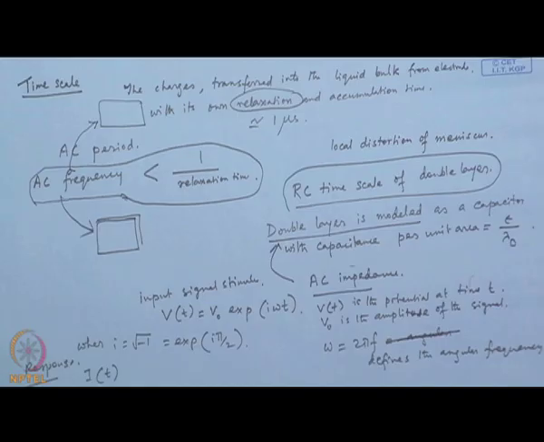In this connection, what we were discussing was the RC time scale, and where we were at the end of last class was basically we were trying to show that the double layer has a particular model as far as this RC time scale is concerned.